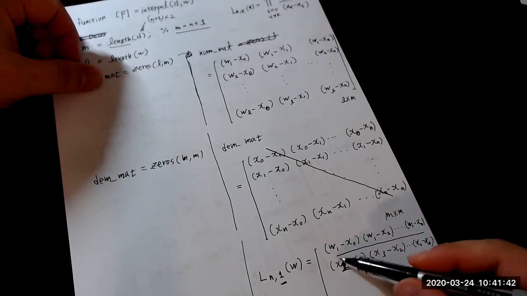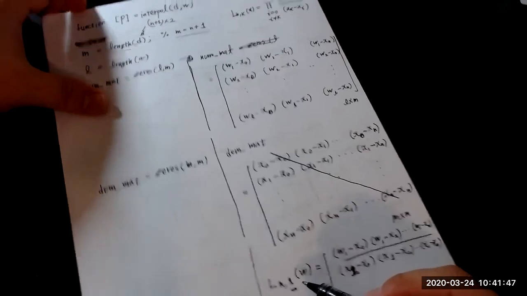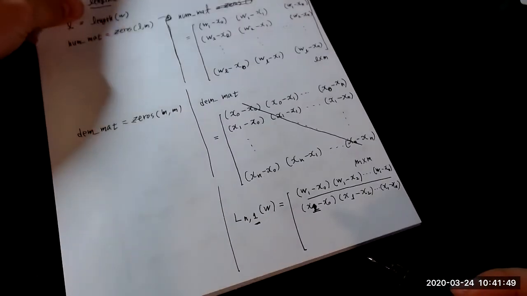That fraction is going to be the first entry of the column vector.